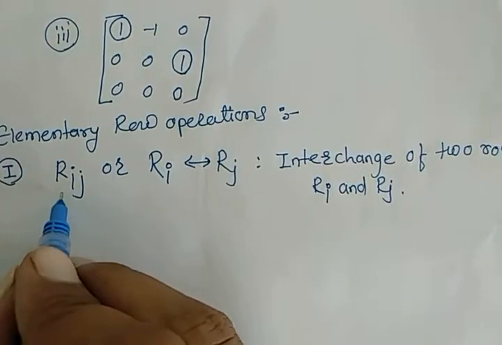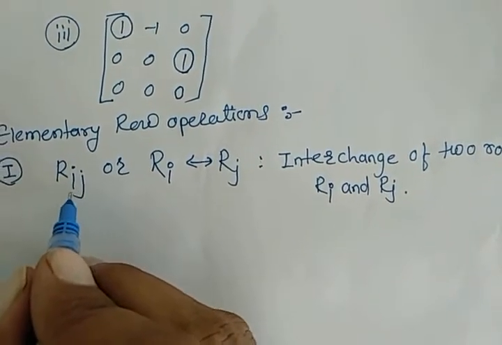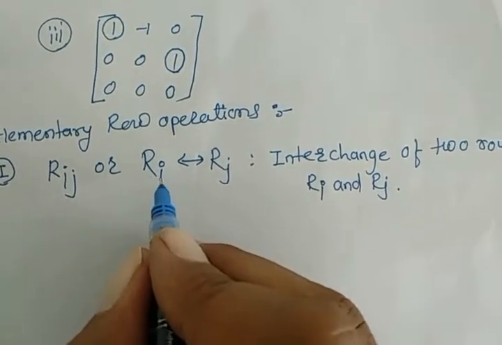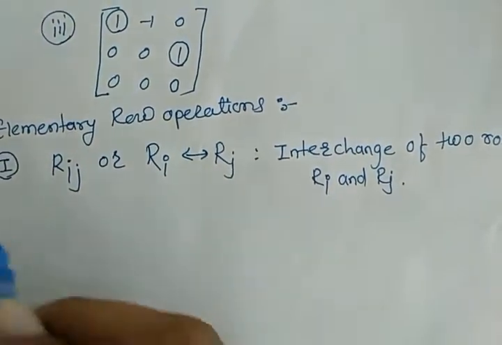For interchange, we denote it by R_ij, or it is denoted by Ri implies Rj.